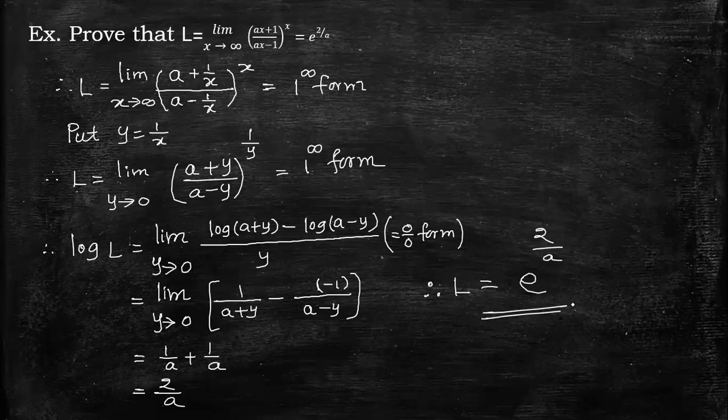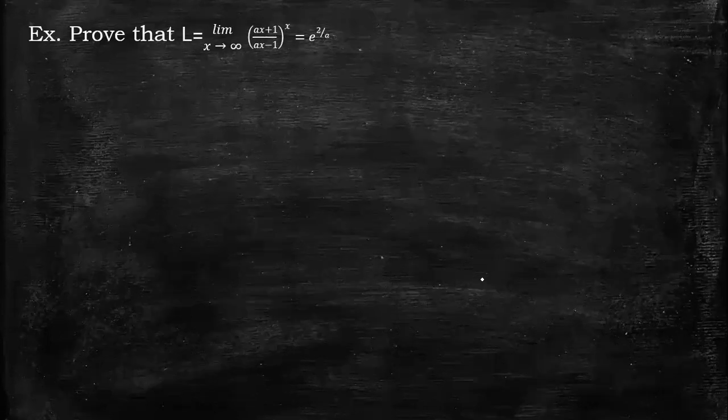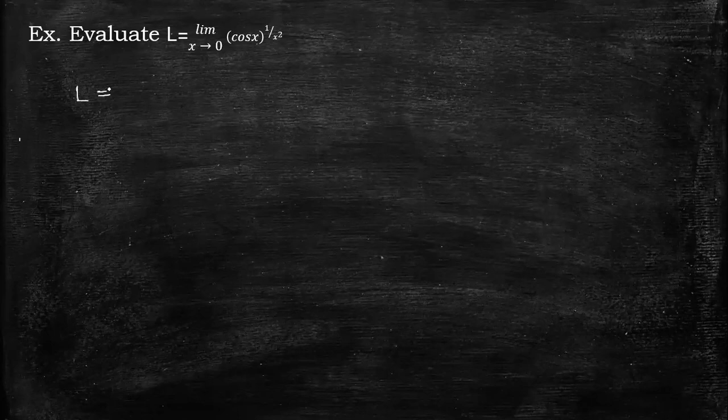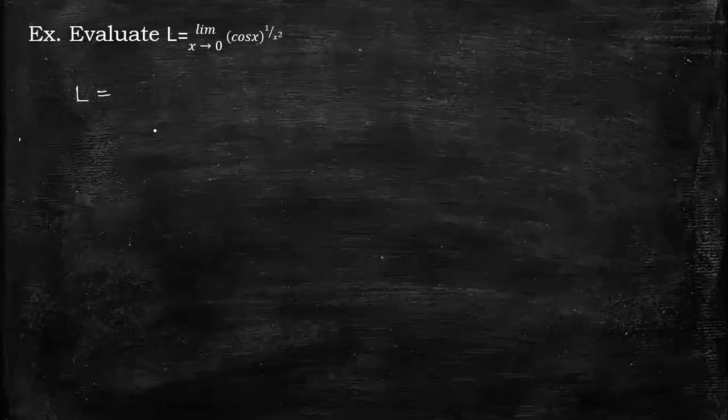Okay, let us move further. One more problem. Evaluate limit cos x to the power 1 upon x square as x tends to 0. So let us talk about the form. What is the form? Cos 0 is 1, and 1 upon x square is infinity. 1 to the power infinity.